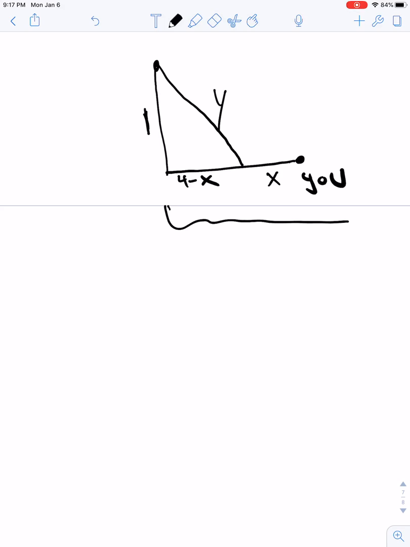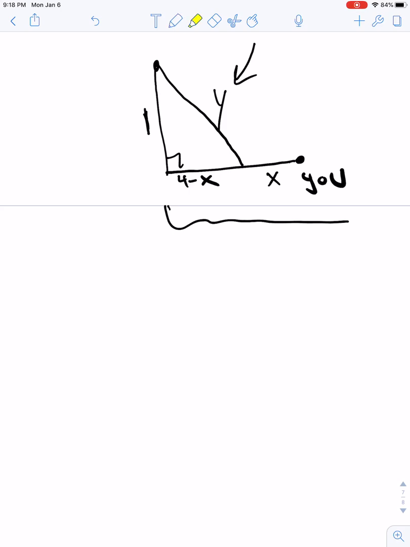So remember, step 1 was diagram and then variables. One of the steps that I didn't mention is if you have more than one variable that you're working with, it's best to get these all in terms of just the one. So let's look at this and think about, okay, what can I do to express y in terms of x? Because the question is asking, what is the best approach to get to the island?